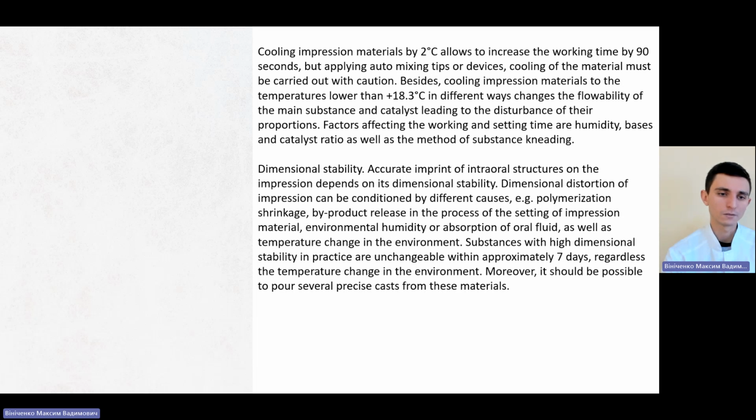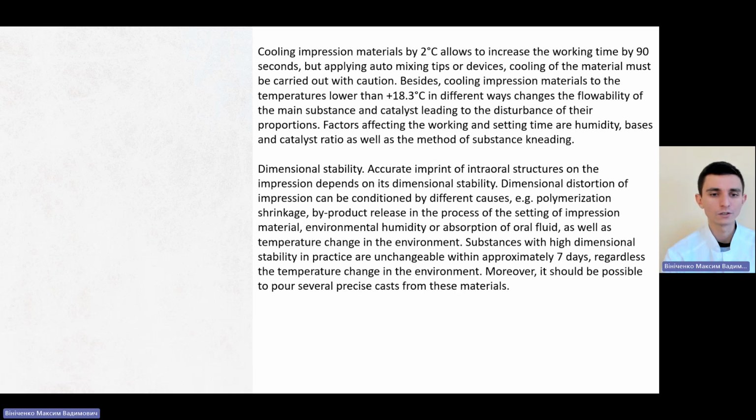Factors affecting the working and setting time are humidity, base and catalyst ratio, as well as the method of substance kneading. Dimensional stability. Accurate imprint of the intraoral structure on the impression depends on its dimensional stability. Dimensional distortion of the impression can be conditioned by different causes: polymerization shrinkage, byproduct release in the process of setting of the impression material, environmental humidity, or absorption of oral fluid, as well as temperature change in the environment.